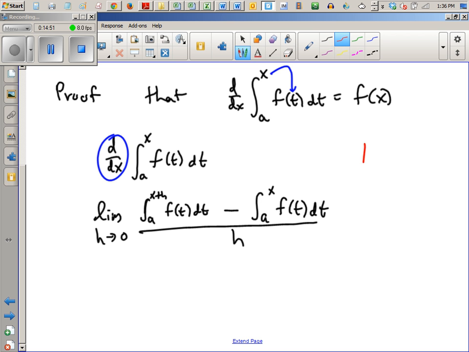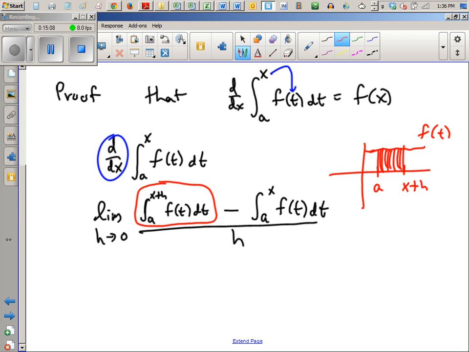Geometrically, what this means is there's this function called f of t, right? And we're integrating from a to x plus h, so that's all this area here. That's what this integral means in red. And then this integral in blue just means the area between a and x.